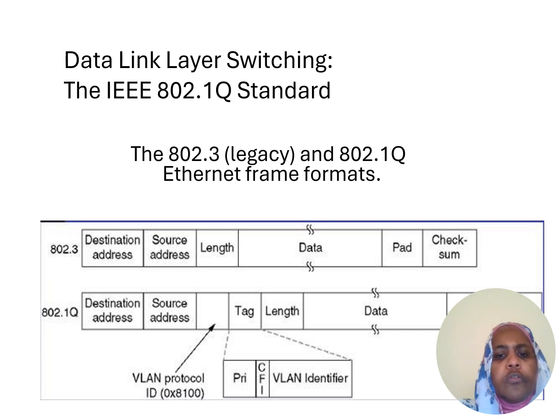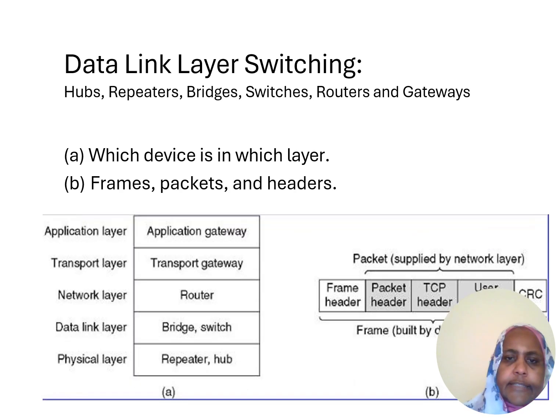The new frame has a tag field, as we have said. This tag field has a VLAN identifier and a priority field, which is not part of the VLAN scheme, but was added for the purpose of quality of service.